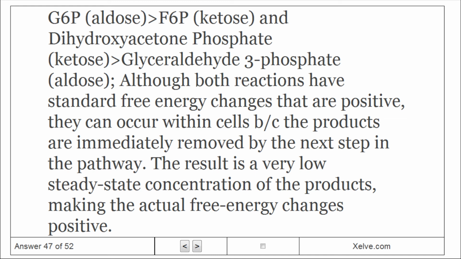Although both reactions have standard free energy changes that are positive, they can occur within cells because the products are immediately removed by the next step in the pathway. The result is a very low steady-state concentration of the products, making the actual free energy change negative.